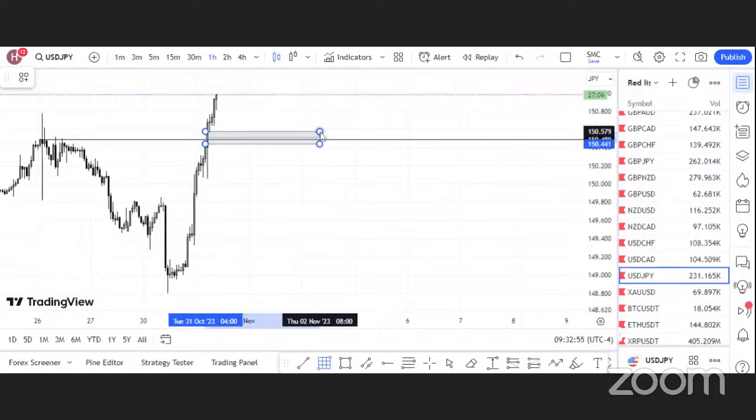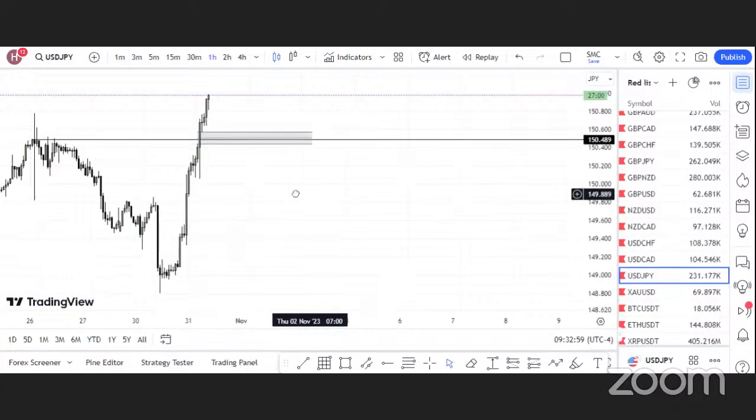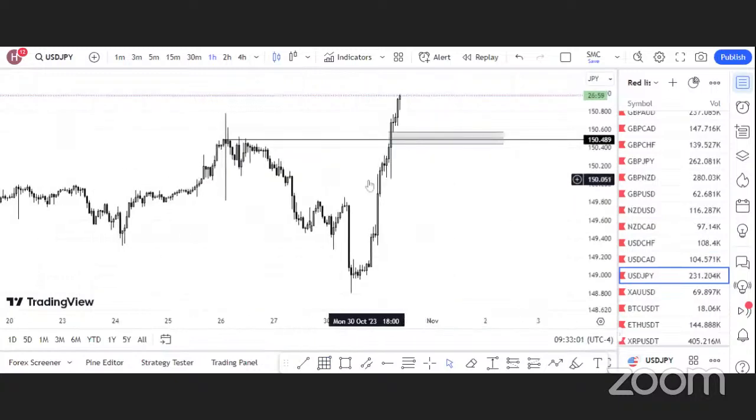So this is the 1 hour time frame, and I think this market is going to come back here to retest this area before it continues its movement to the upside.